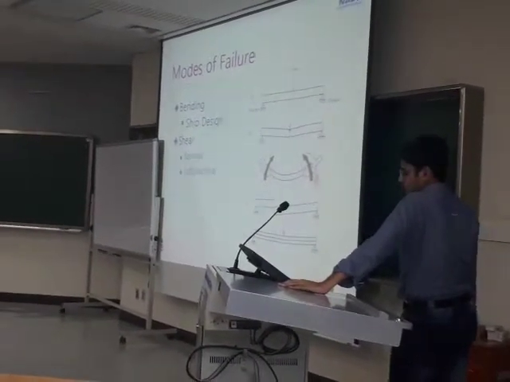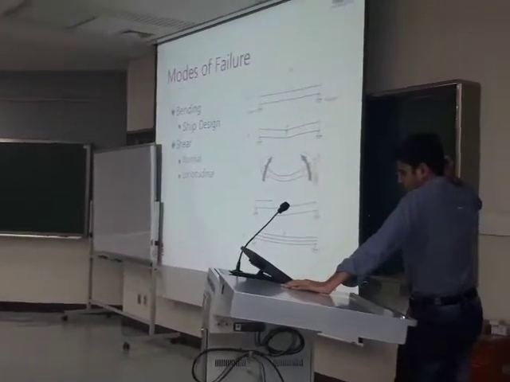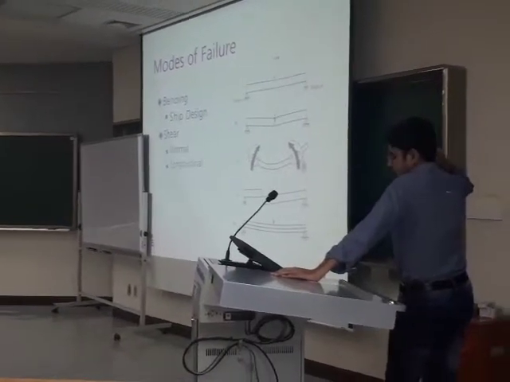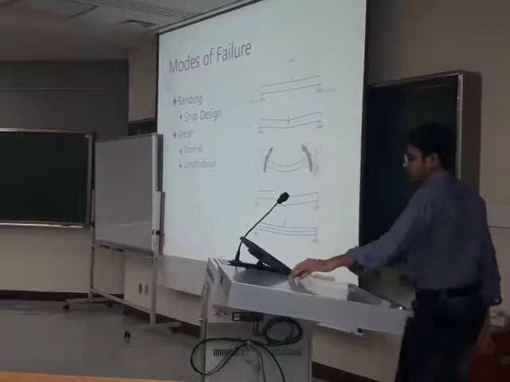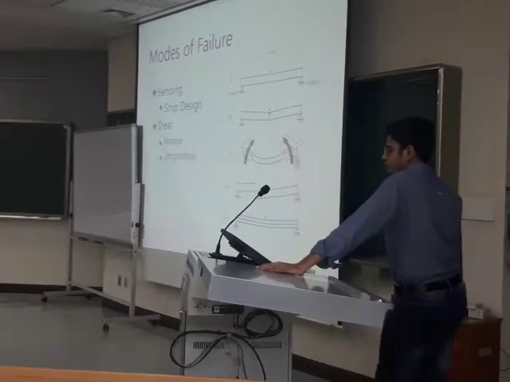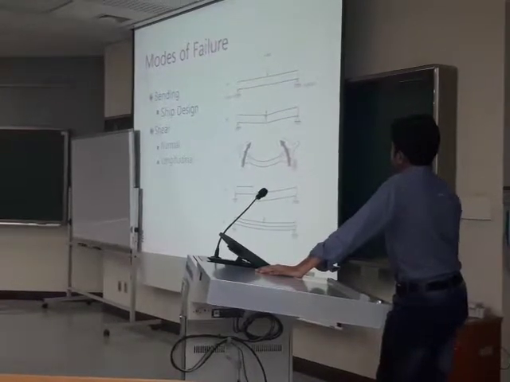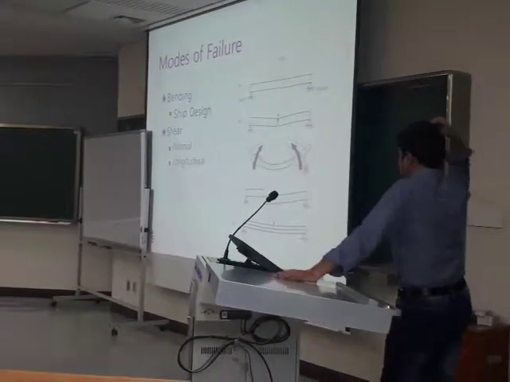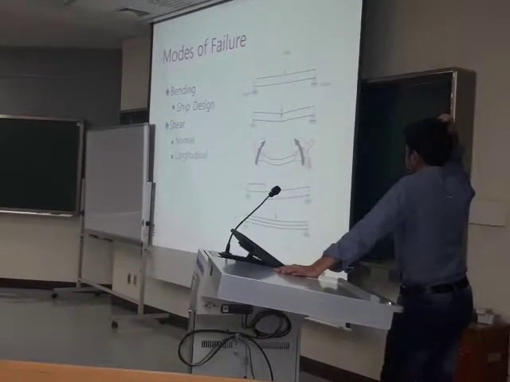In the first diagram on the right side, you can see there is one point load acting in the middle of the beam that can lead to the failure, and this mode of failure will be due to the excessive bending moment, and the lower fibers of the beam will be subjected to the tension, and in the upper fibers there will be compression.